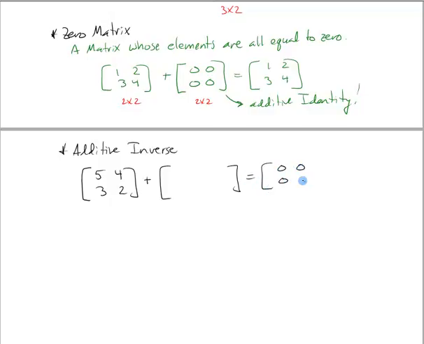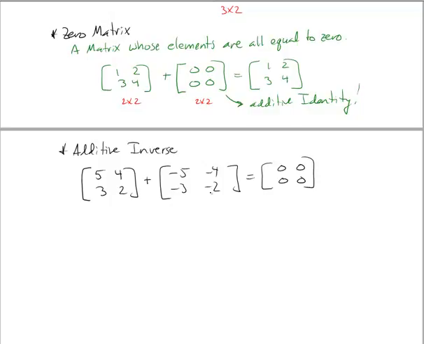Well, first of all, we know it's going to be the zero matrix that's 2 by 2 because this original is. And we also know that this additive inverse matrix has to be a 2 by 2 as well. And then what you do is you negate all the values in your original matrix. So we'd have negative 5, negative 4, negative 3, negative 2. And when we combine these, I do get 0.